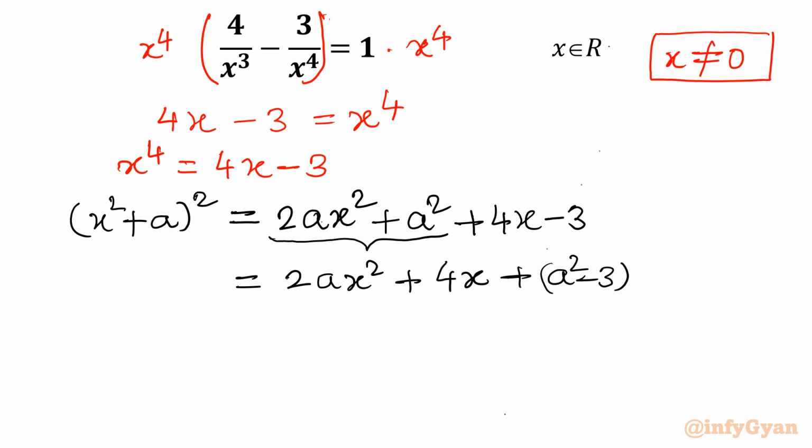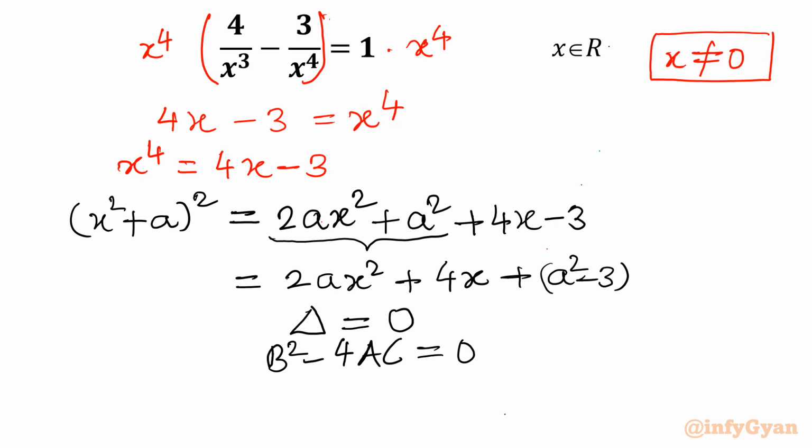Now see, the square should be equal to, because we are finding the real values of x, so this square should be real only. It cannot be negative. So for real, delta should not be negative. It should be equal to 0. So I will write b square minus 4ac equal to 0.